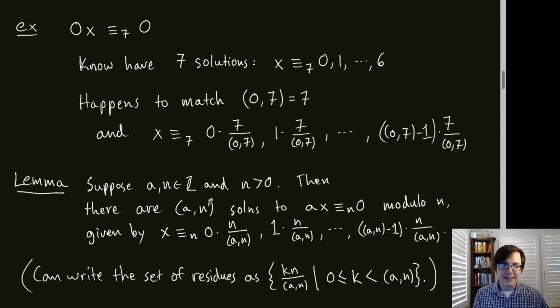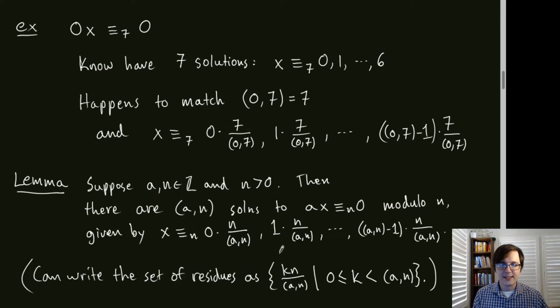And that's just kind of nice because it makes this lemma easier to state without needing to deal with special cases for a. So let's suppose that a and n are integers and n is positive. Then this congruence, ax is congruent to 0 modulo n, has GCD of a and n distinct solutions when taken modulo n.